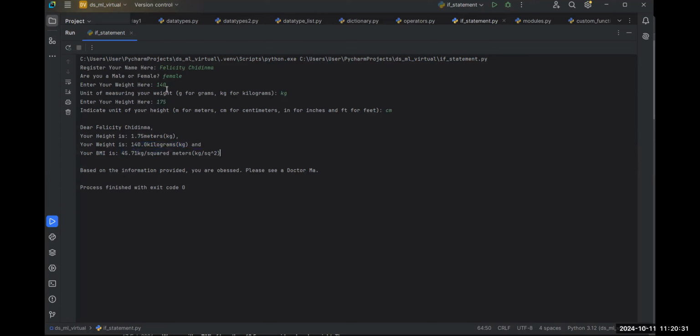We could have even used a lesser height and maintained our weight at around 90, with a height of around 100, and we would still have an obese person. Based on the information provided, you are obese. Please see a doctor, ma.